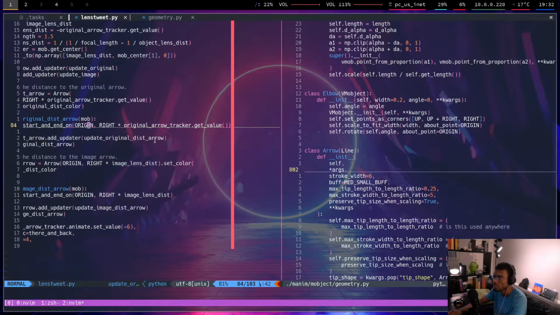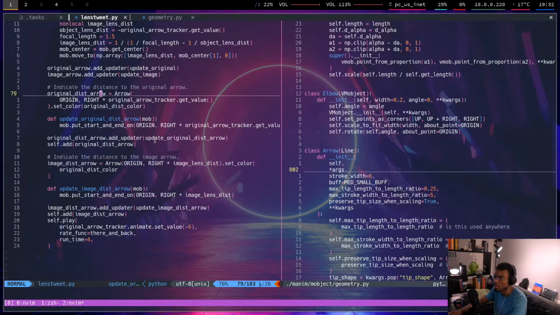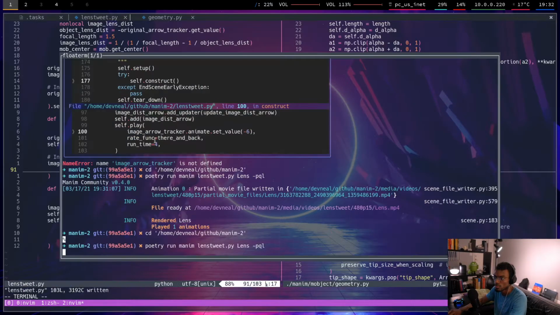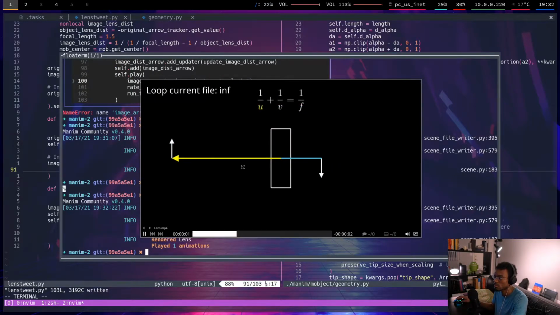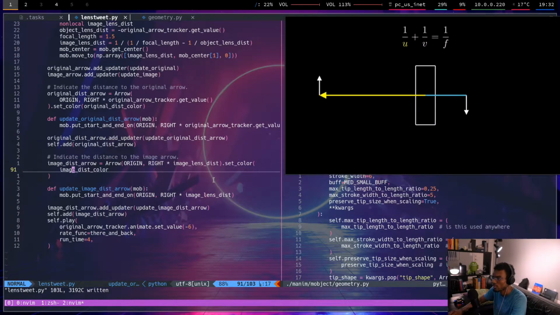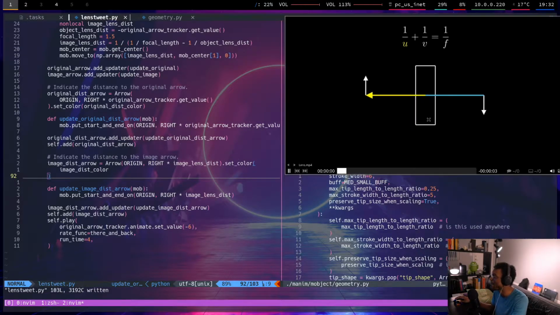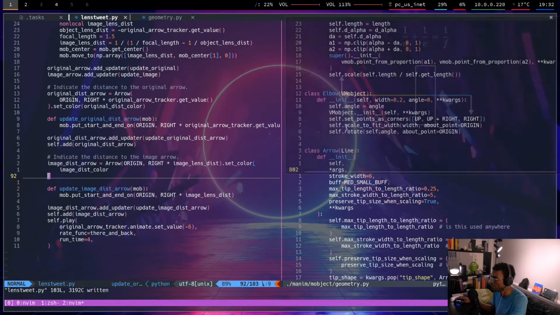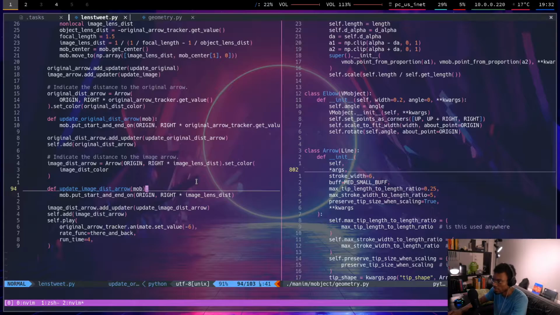Okay, so that color. Original dist arrow. Image dist arrow. Yeah. That isn't an arrow. Wait, why isn't it? Why doesn't the arrow have a tip? Image dist arrow, add updater. Update this. Where's the tip? Weird. Wonder what happens if I don't update it.